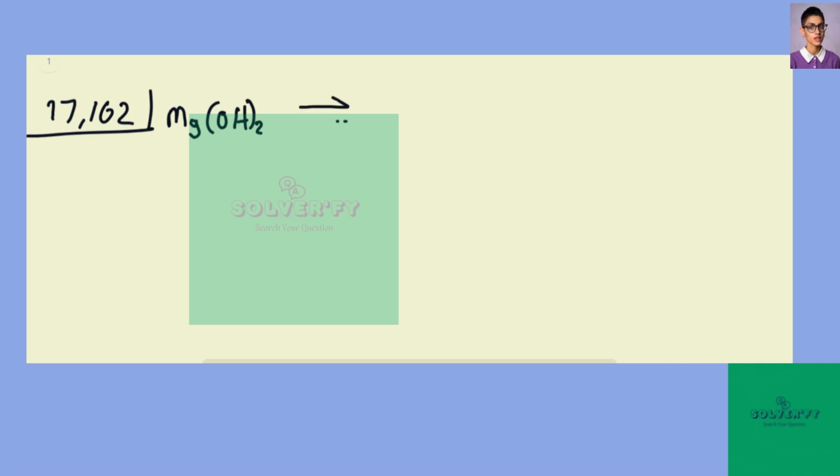But to calculate quantitatively, we need to set up the series of reactions which are going to be in play here. So first we can talk about the dissolution of magnesium hydroxide into its ions, Mg2+ and 2OH-.